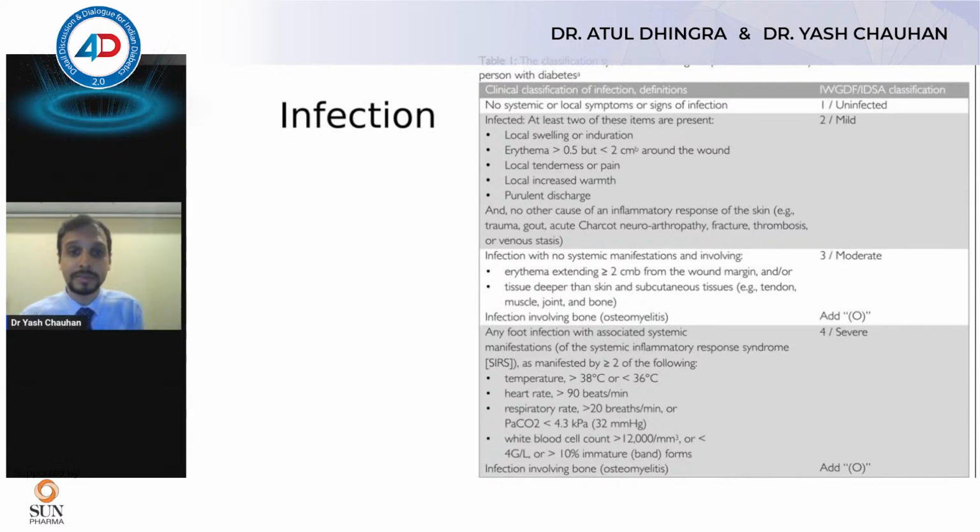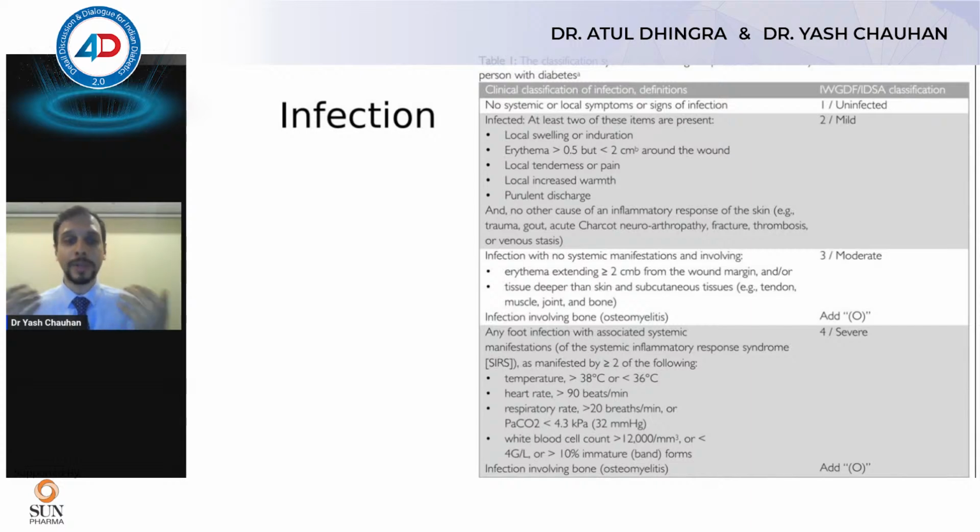And if any of these things extend to more than 2 centimeters beyond the wound, that's something that we classify as a moderate infection. Often we see that the infection goes a little bit deeper into the deeper tissues. There is lymphangitic streaking, and sometimes we actually get a palpable abscess. If we get any of those signs, they come under moderate infection.